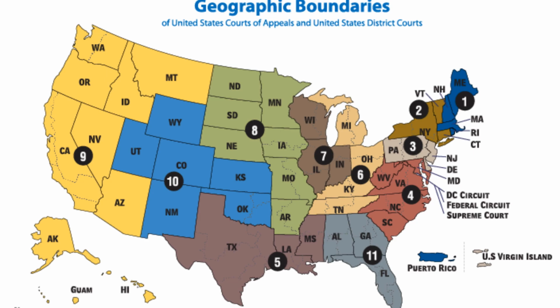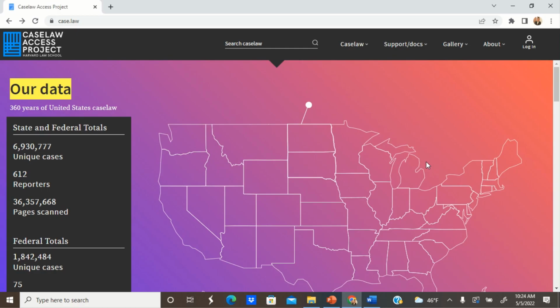So let's do this. You are the plaintiff and you're looking for a case on the motion to dismiss to respond to the defendant's motion to dismiss. Now, remember previously we looked at a map and it laid out the various circuits and the district courts in each circuit.